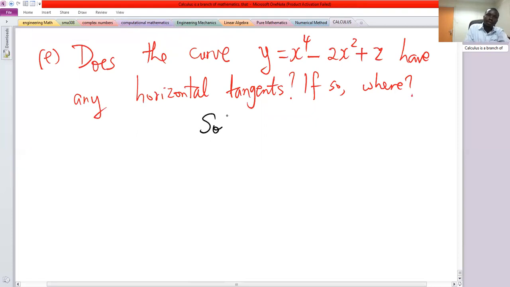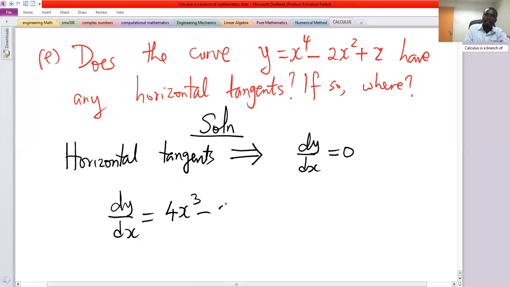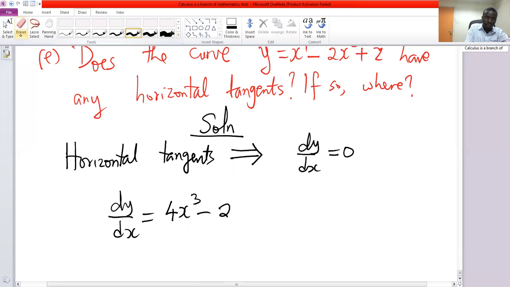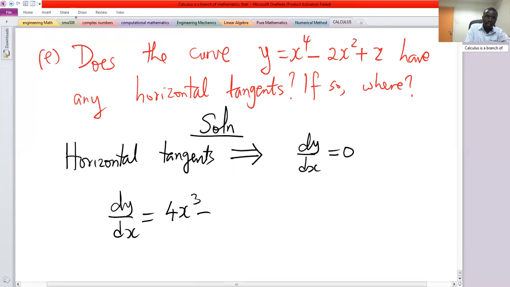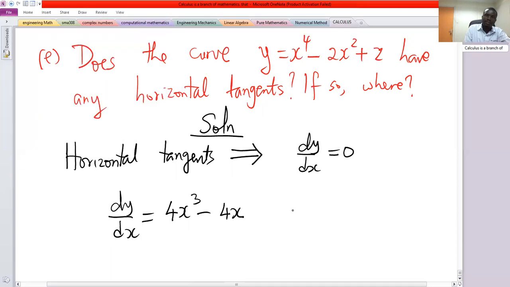So, solution. First thing, horizontal tangents implies that dy/dx should be 0, or the slope should be 0 for a horizontal line. So dy/dx for this question is 4x to the power 3 minus, using the power rule, 4x.